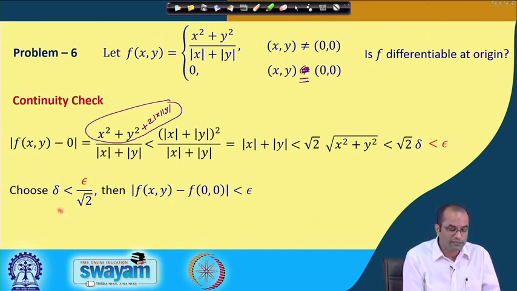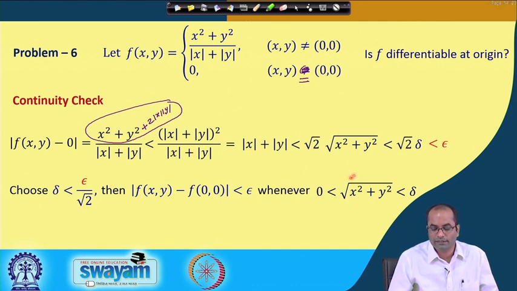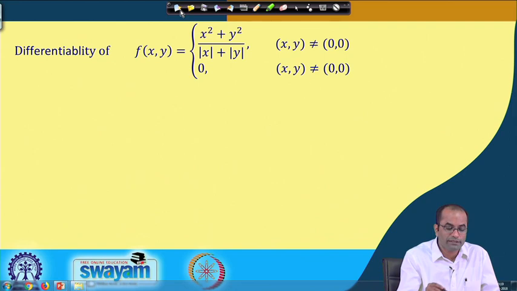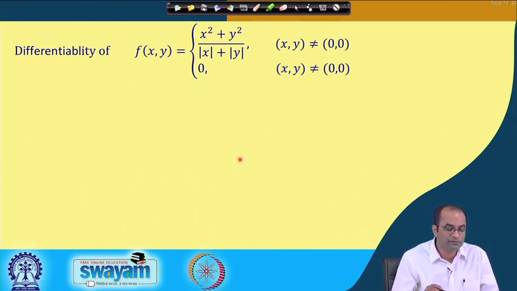So, we have shown that if we choose this delta, then this difference will be less than epsilon whenever we take any point (x, y) from this delta neighborhood of the (0, 0) point, and this implies that the function is continuous.